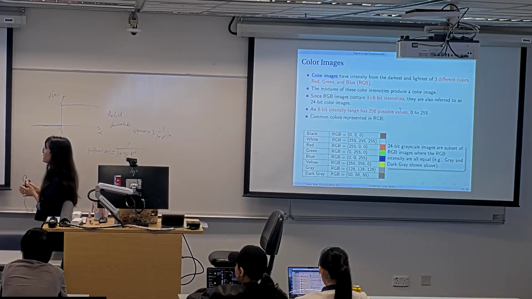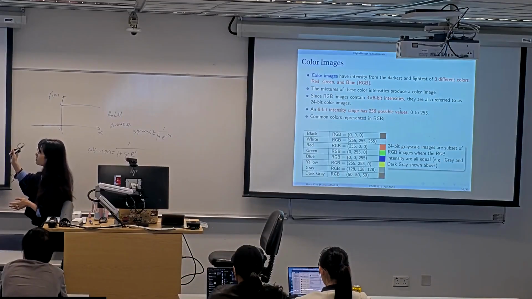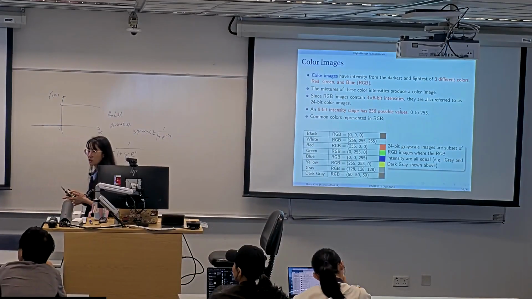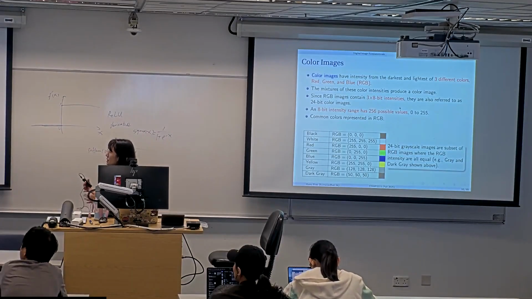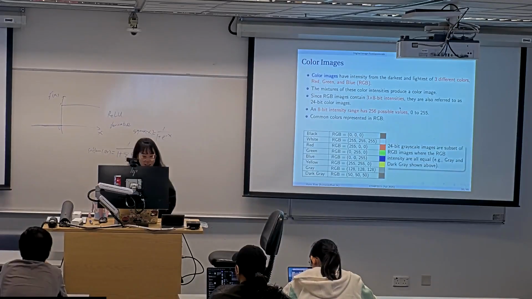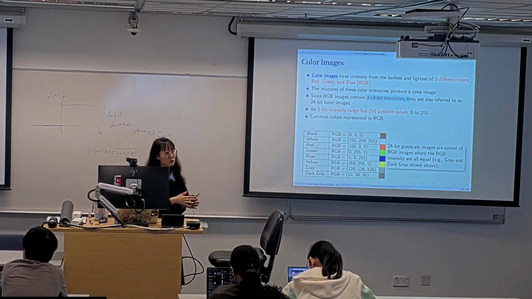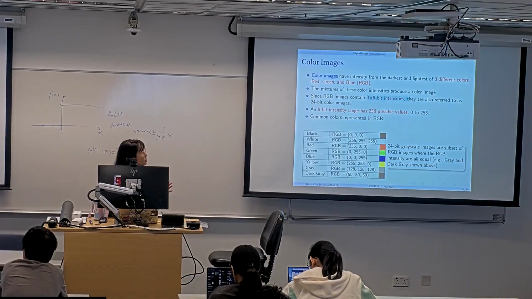Any color in a digital image can be regarded as a mixture of these three color intensities. The RGB image contains 3 times 8-bit intensity. Each channel has 8-bit intensity and can take a value from 0 to 255, and we have 3 channels. So RGB is also referred to as 24-bit color images.